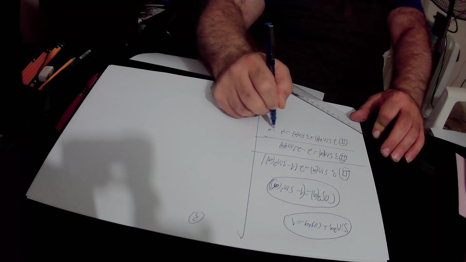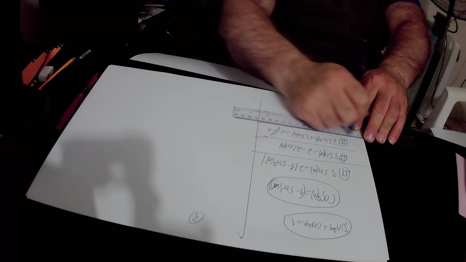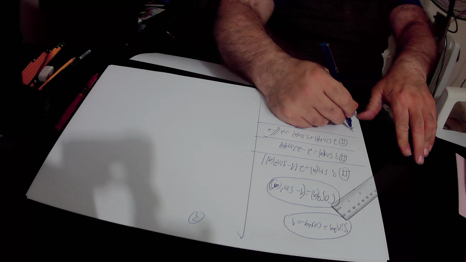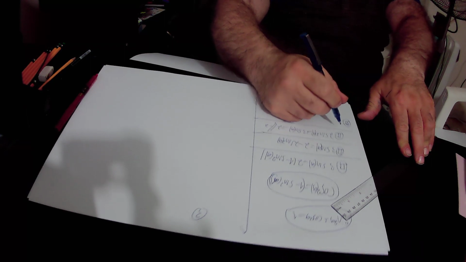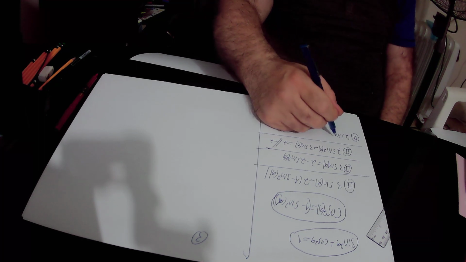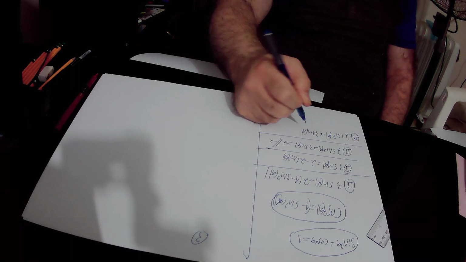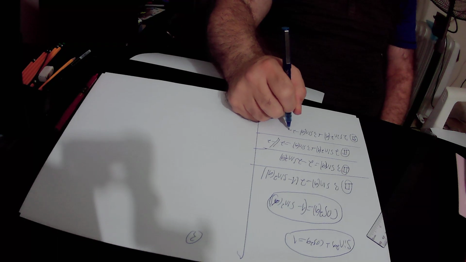Here we'll subtract 2 from this equation number 2, and we will get that according to equation number 2, 2 sine square alpha plus 3 sine alpha minus 2 equals 0.